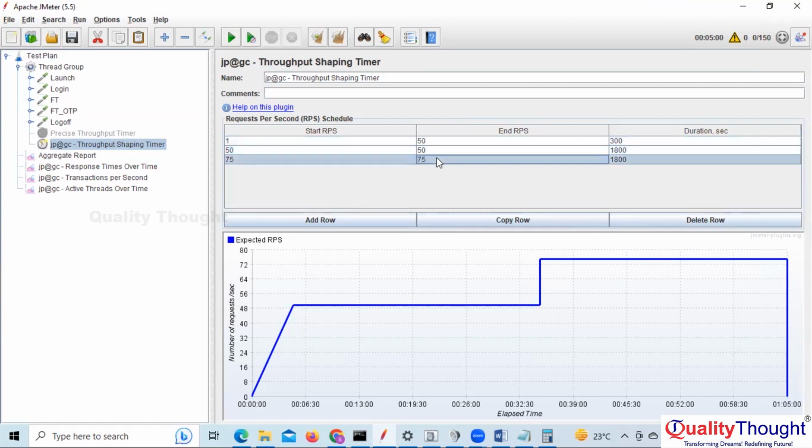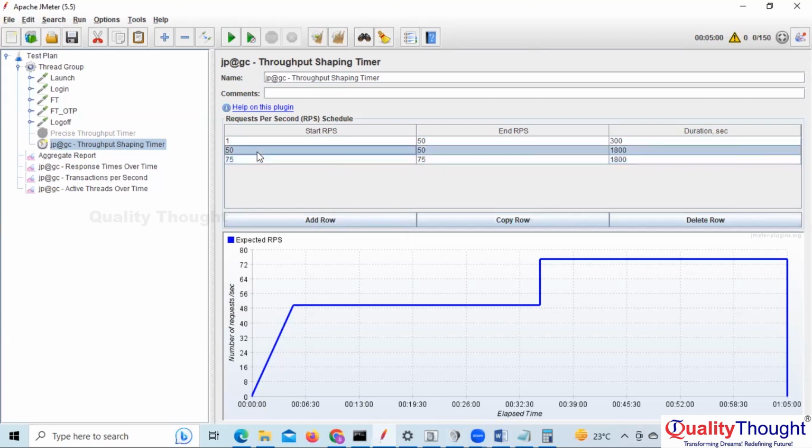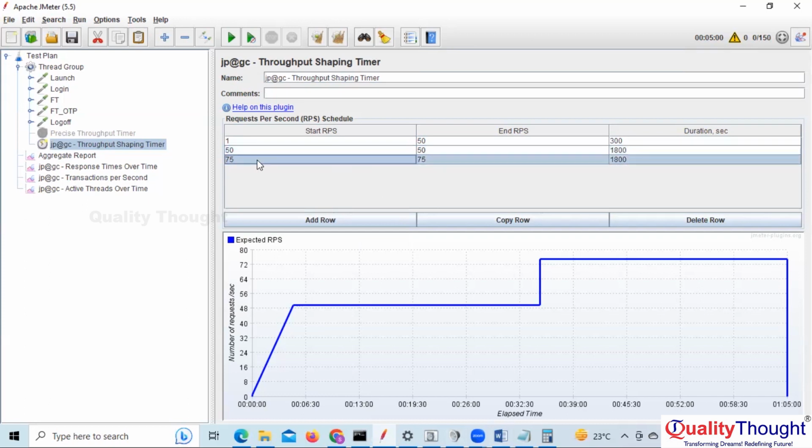But again, while you are calculating the number of users using Little's law, you need to be careful. Because having a throughput shaping timer, you need to maintain more users, because you are increasing the throughput here from 50 to 75.